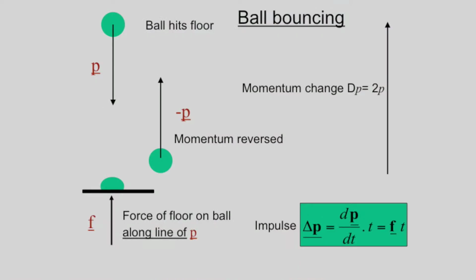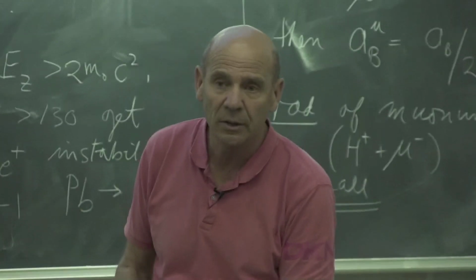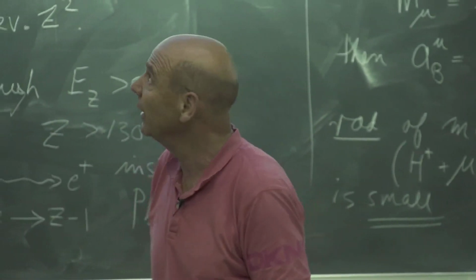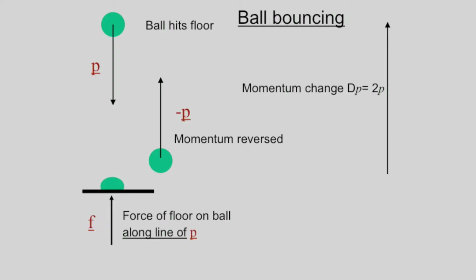So let's look at a simple case first, and the simple case is of a ball being bounced off the floor. So the ball comes down with a speed v. It has an impulse from the floor at the collision, which causes it to change direction, and if we think of it changing elastically, then we find after the collision the ball is traveling up with a momentum minus p.